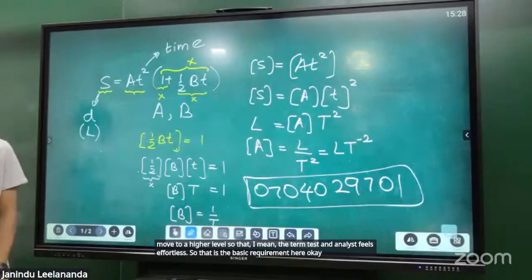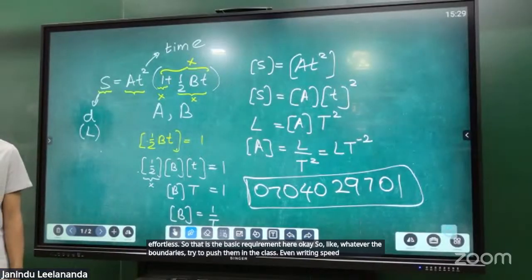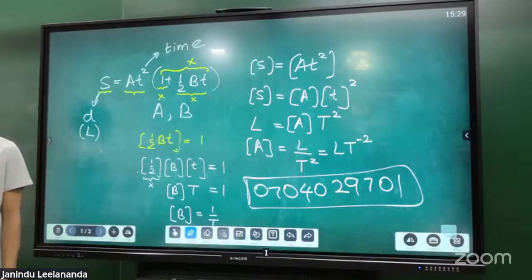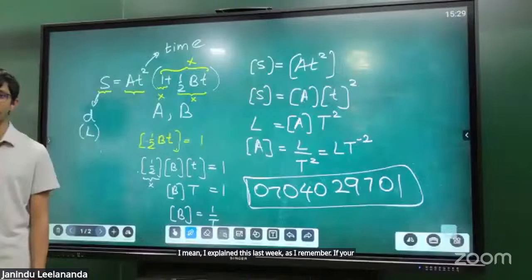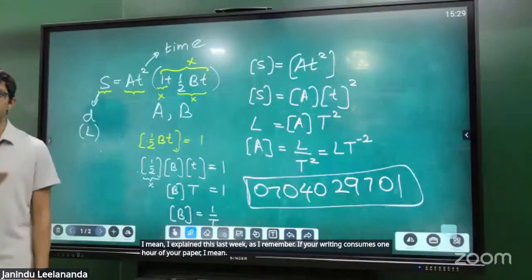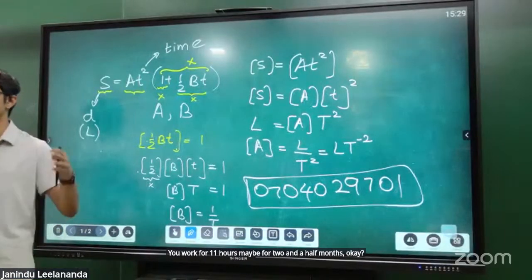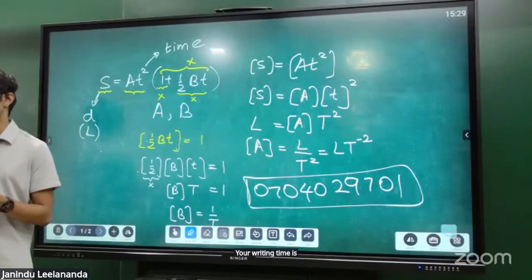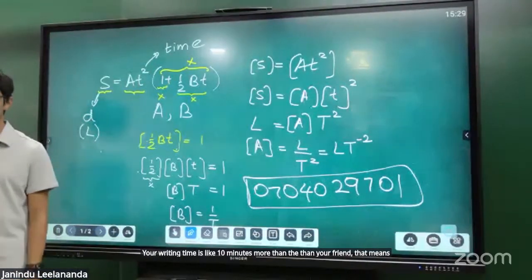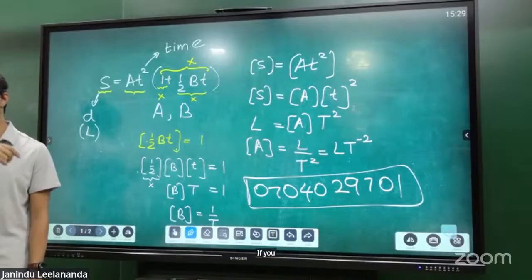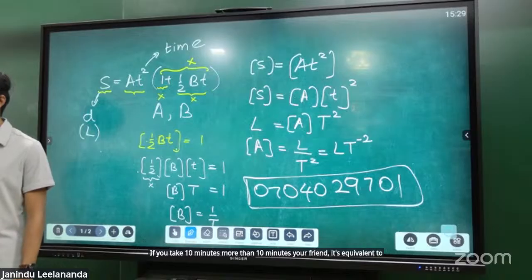Even writing speed is a boundary. I explained this last week. If your writing consumes 1 hour of your paper, you work for A levels for maybe 2.5 months. If you take 10 minutes more than your friend to write the whole paper, it's equivalent to 2-3 months of your life, right?